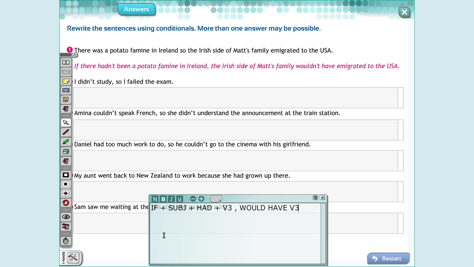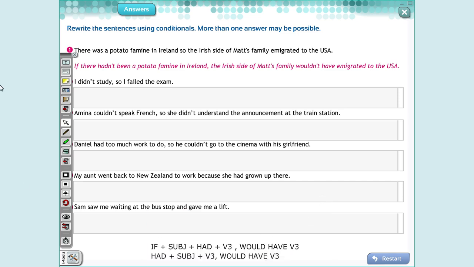Teacher, if I want to omit if, I'm going to do like this. Had, my subject, my verb in the third column, then would, have, and my verb in the third column. Okay? So it's going to be easier to do this exercise with this in here. So we have third conditional.